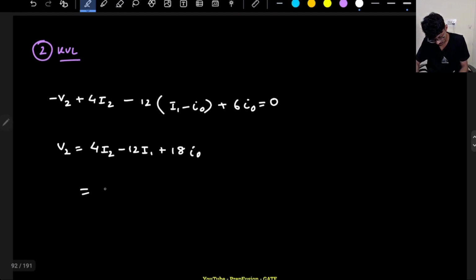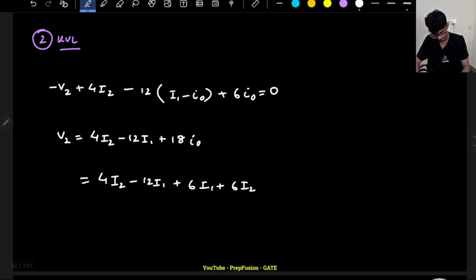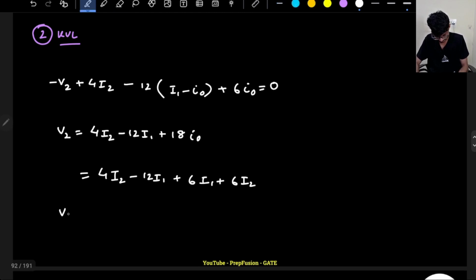Which is equal to 4I2 minus 12 I1, and I0 is I1 plus I2 divided by 3. So it will be plus 6 I1 plus 6 I2. So your V2 will be equal to 10 I1, and is it 10 I1?